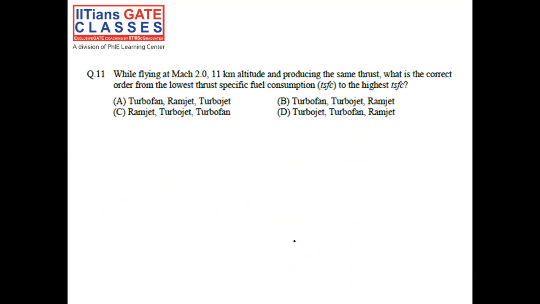Second question says that while flying at Mach number 2 at 11 kilometer altitude and producing the same thrust, which is the correct order from the lowest thrust specific fuel consumption to the highest?